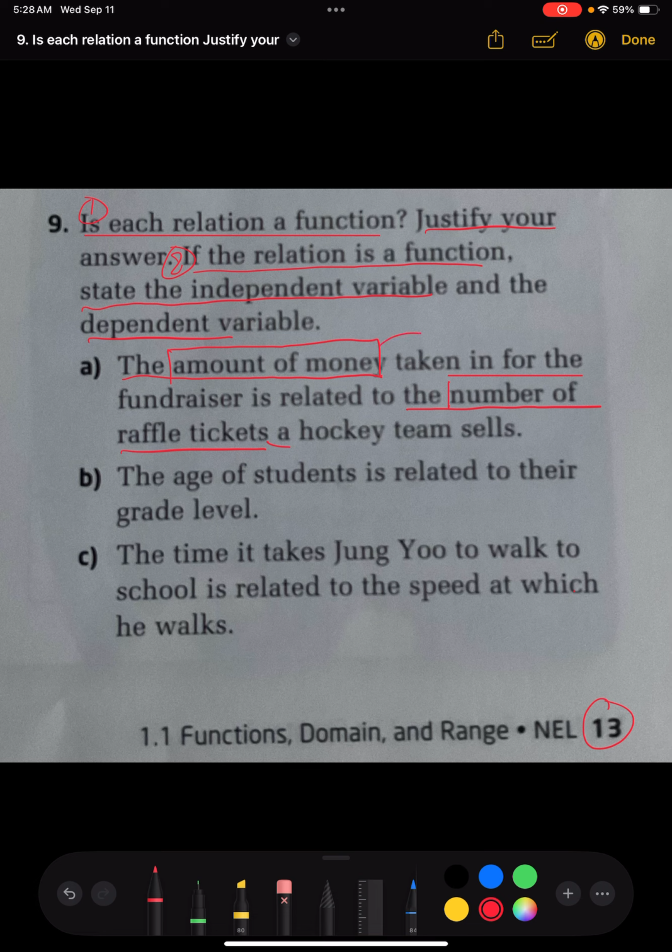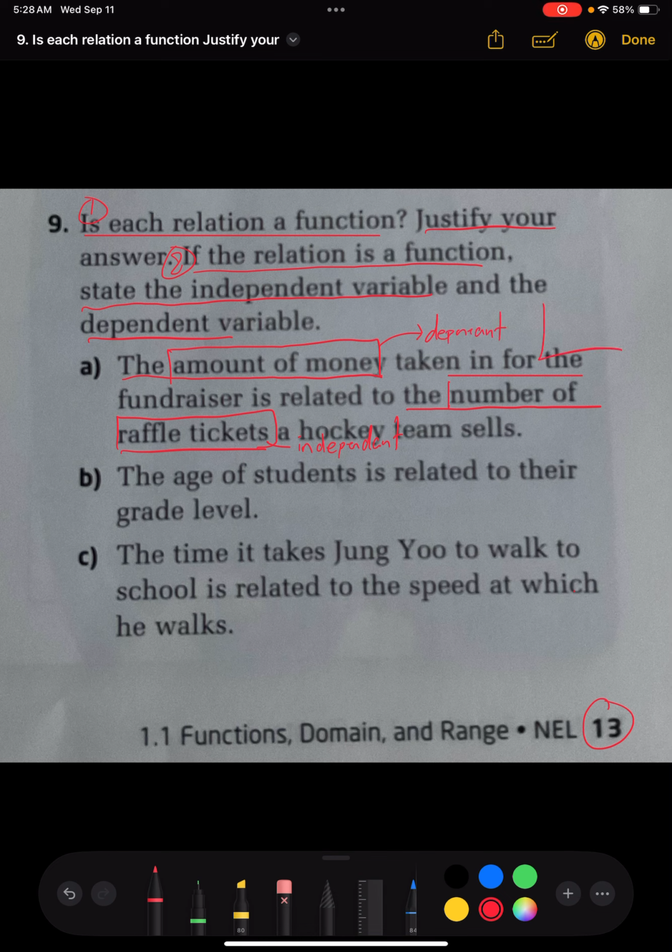Does the amount of money depend on ticket sales? Or does ticket sales depend on the amount of money paid? Well, we're talking about the money taken in, not the price. So obviously, the number of tickets sold is independent. And the amount of money is dependent.